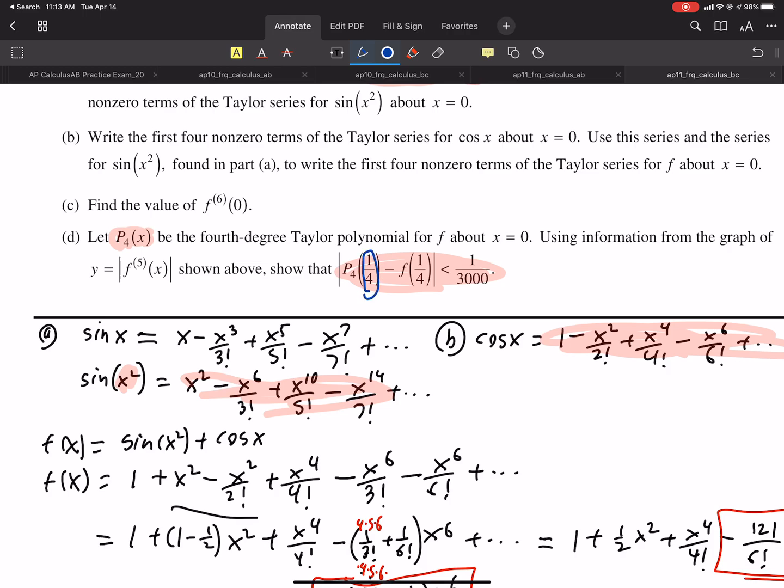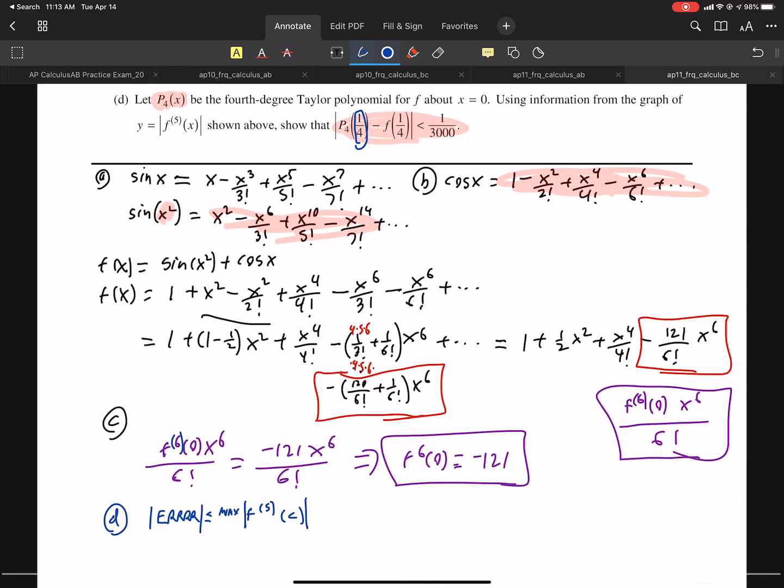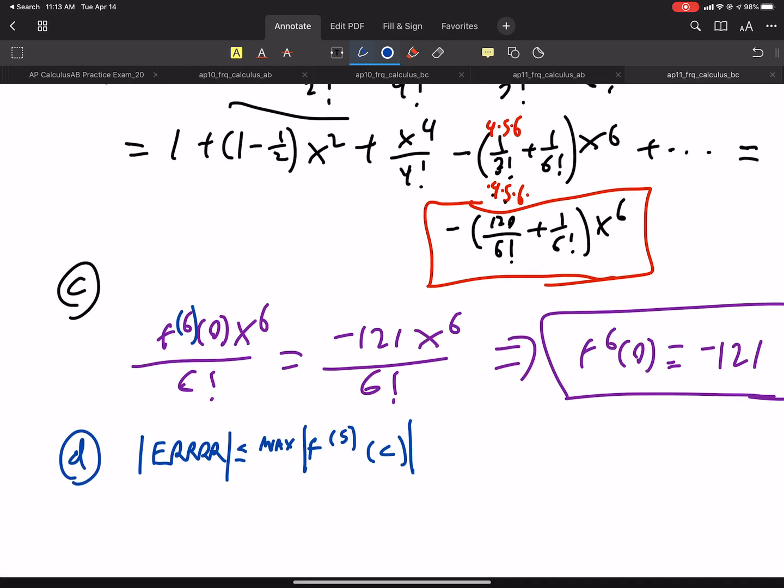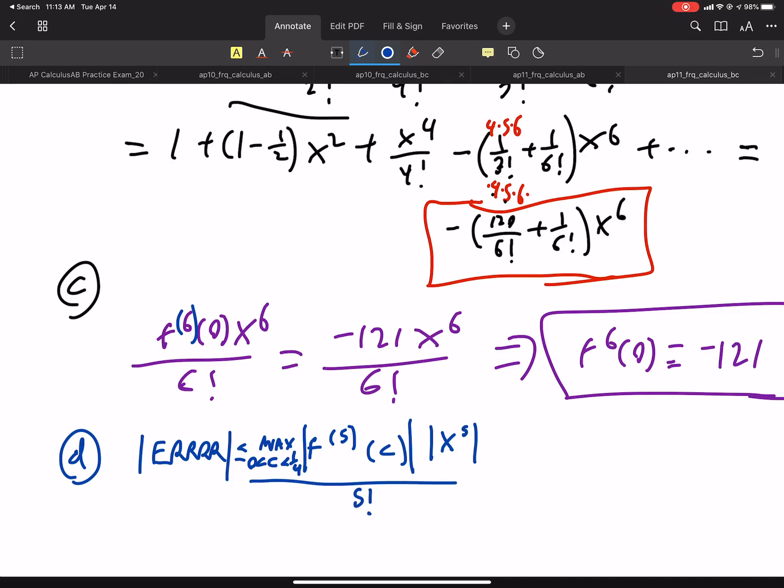We're approximating 1/4. The center's at 0, so our c is going to be between 0 and 1/4. And we need the absolute value of x to the 5th over 5 factorial.